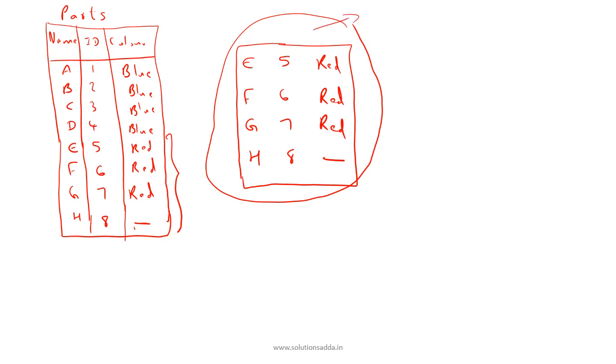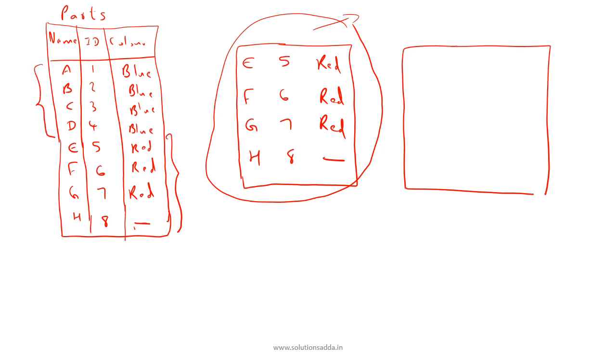So this would return this table. That is, we will be having A, B, C, D and the IDs will be 1, 2, 3, 4 and the colors will be blue, blue, blue, blue. Let's write.